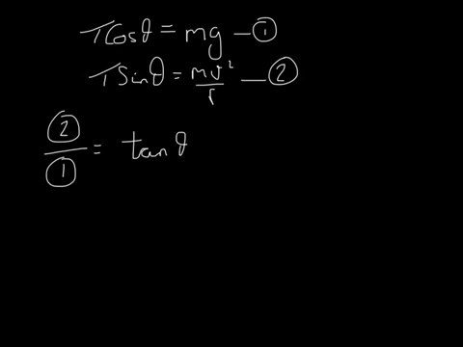In any case, if you divide equation 2 by equation 1, then on the left hand sides you get T sine theta over T cos theta. The T's will cancel, and sine theta over cos theta will combine to give you tan theta. And then you need to divide the right hand sides. And so you get mv squared over r divided by mg, which gives you v squared over gr.